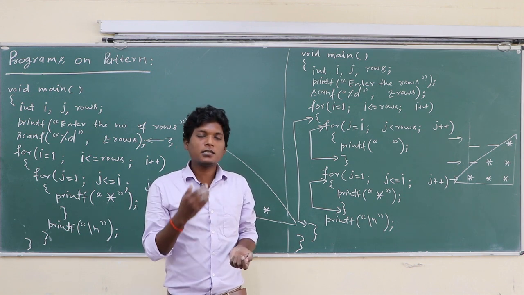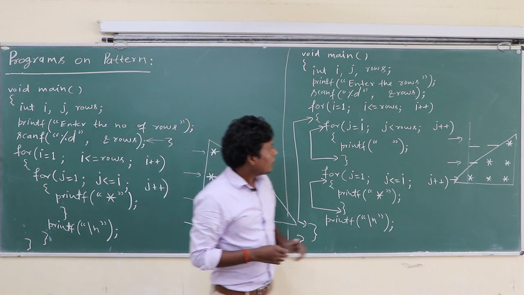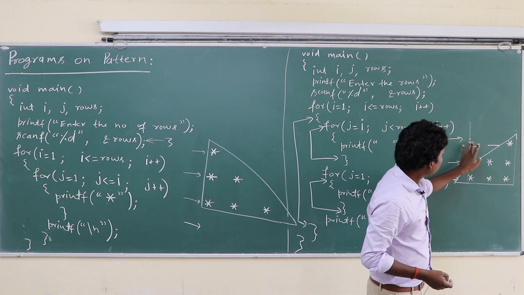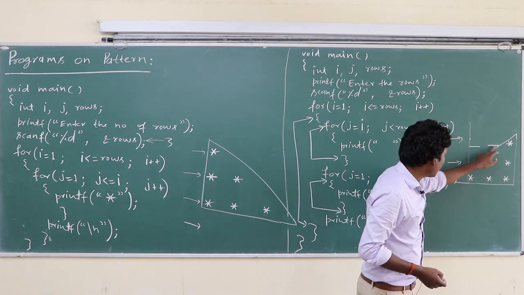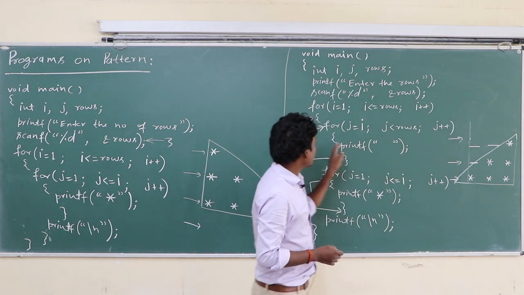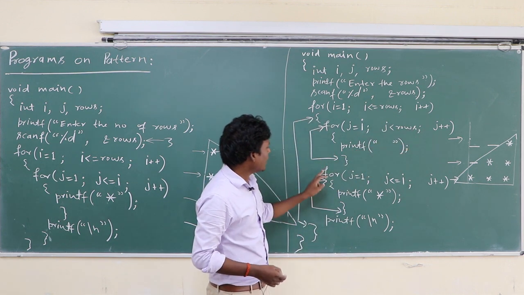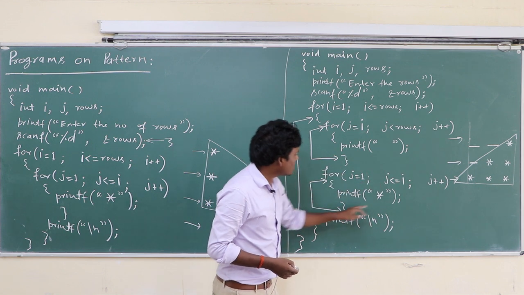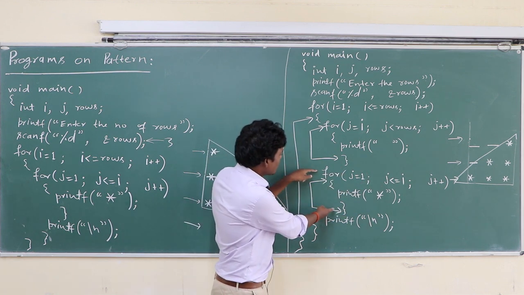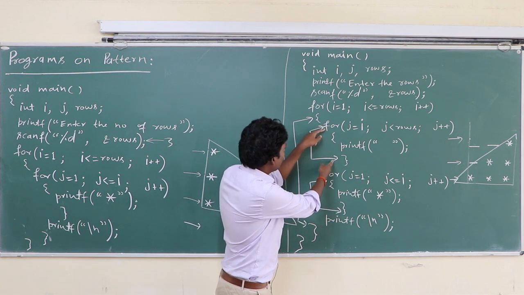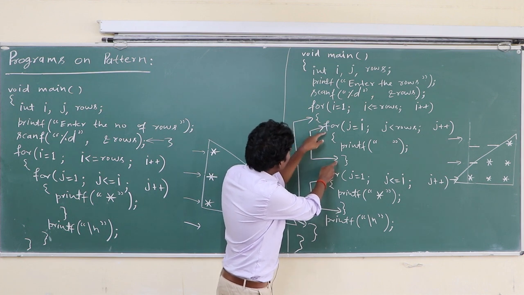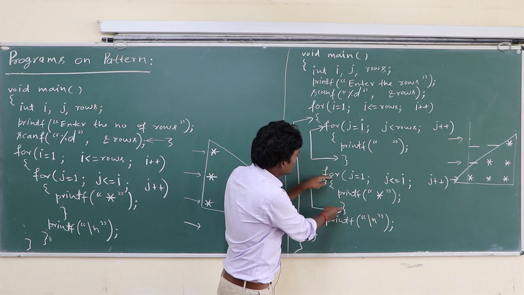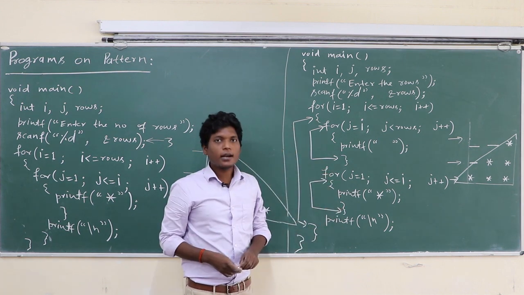The space triangle does not appear on the output screen, but control starts from the beginning, so it does not come directly to here. So that's why we have to print the space character first, then we print the star triangle here. This one is for the star triangle, this one for the space triangle. We have to execute the space triangle first, then we can come to the star triangle.